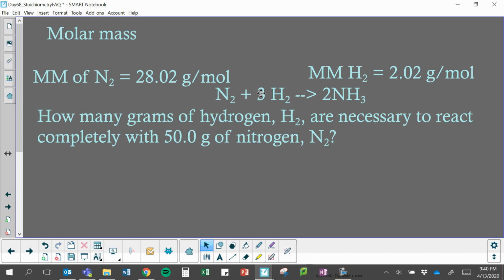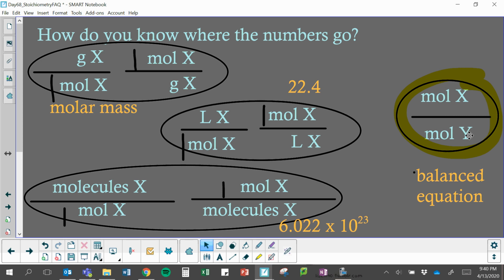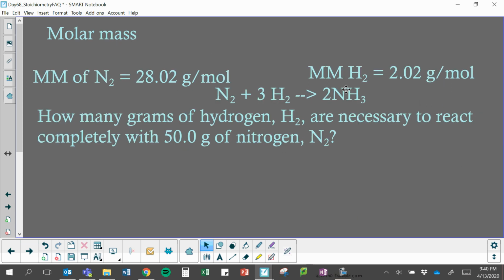But we don't really care about the coefficient in front. This is like our recipe, telling us how many of that thing to use. We just want to know the molar mass of one of those, because where we take these coefficients into account is when we are using our mole ratio. So you don't want to include it in your molar mass because that would be using that ratio twice and it would throw your numbers off.